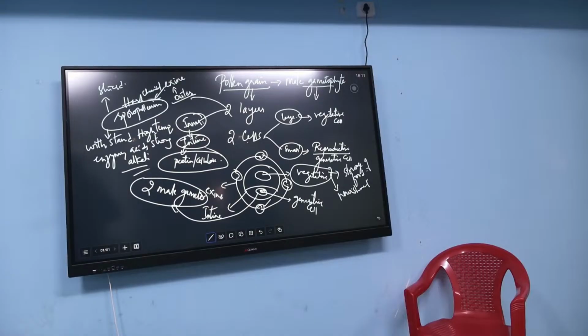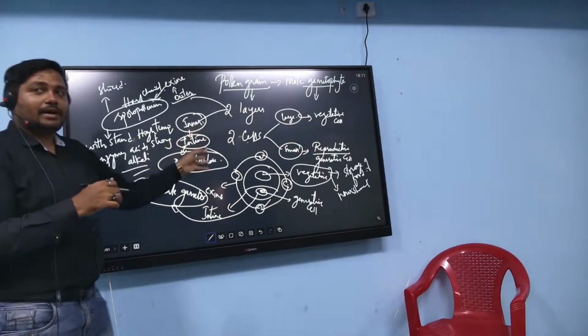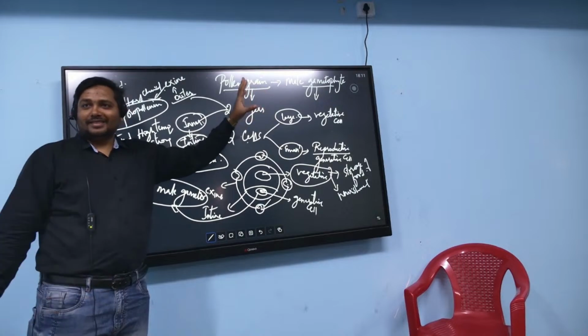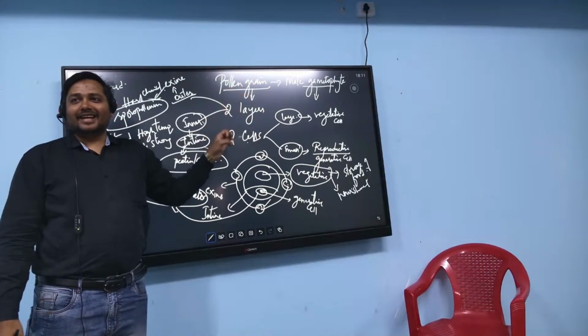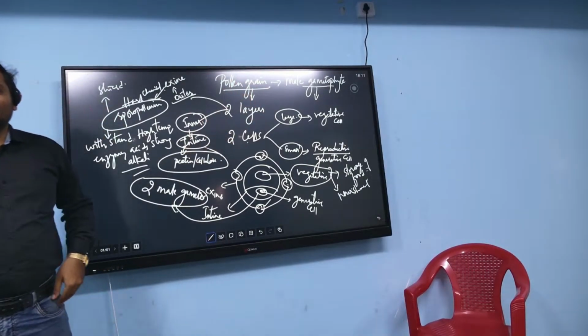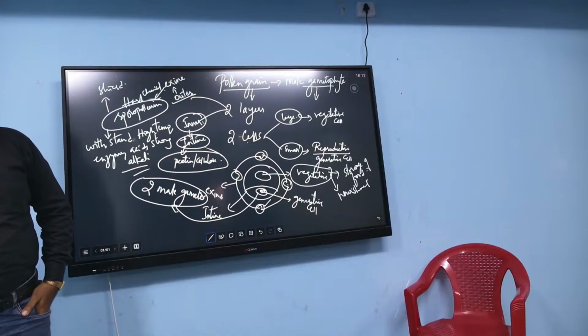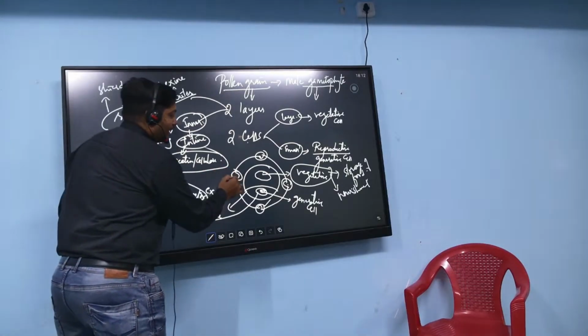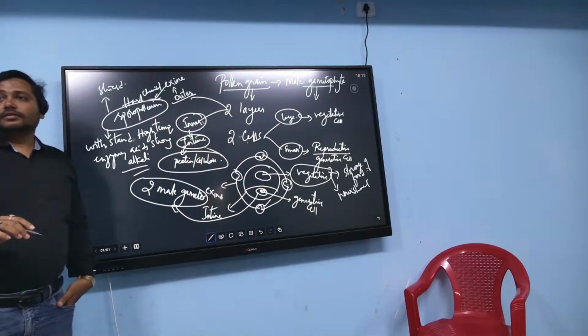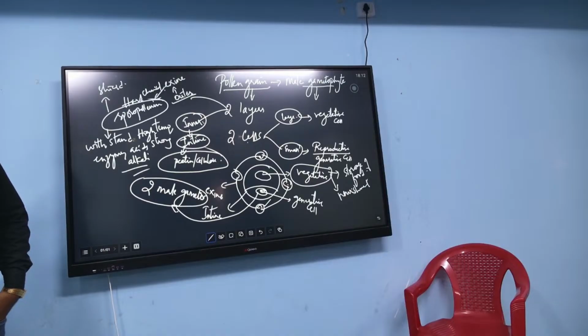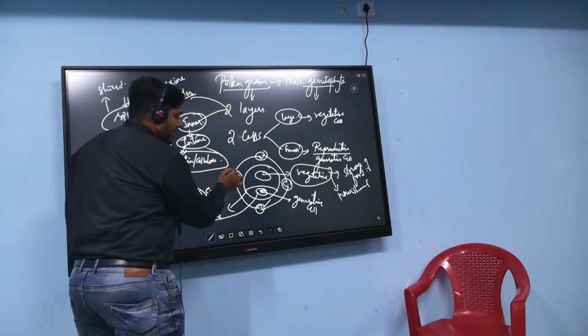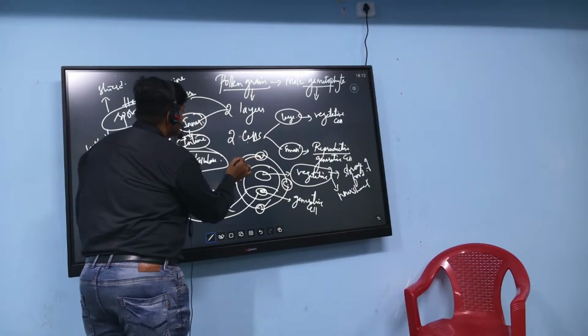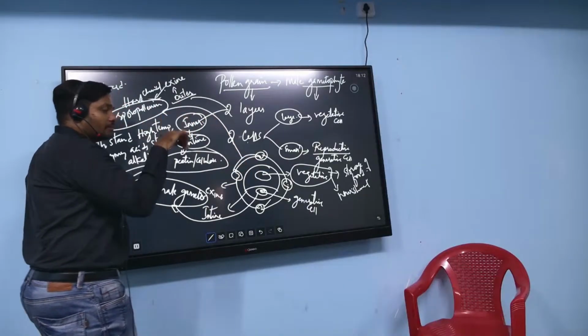So from the places I have marked, they will come out. Wherever I have marked the circle, sporopollenin is absent. From here till here, sporopollenin is present.